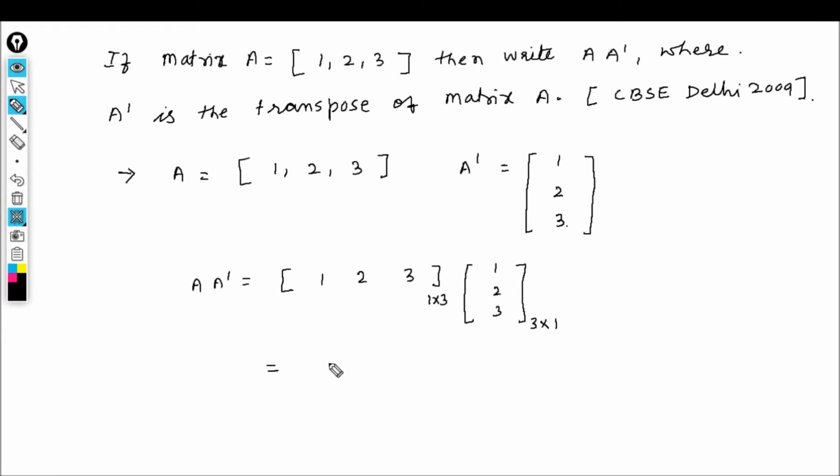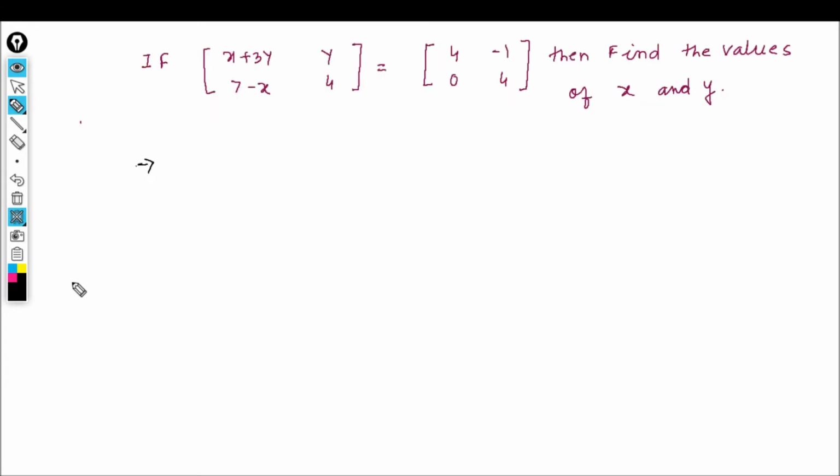So row to column, that means 1 into 1 plus 2 into 2 plus 3 into 3. So this is 1 plus 4 plus 9. This is equal to 14.